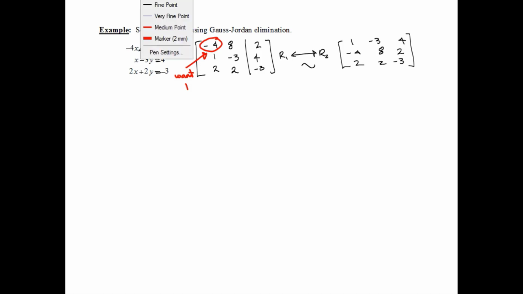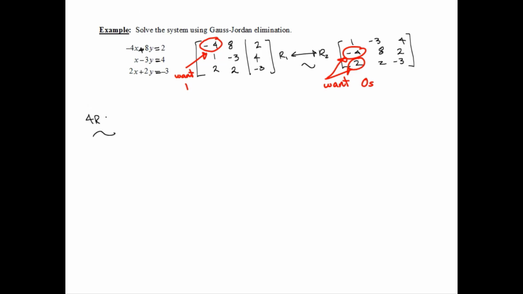Okay, and so now we need to get the zeros in that first column. So we want these two to be zeros. So we're going to do 4 row 1 plus row 2 into row 2. We're going to do -2 row 1 plus row 3 into row 3.